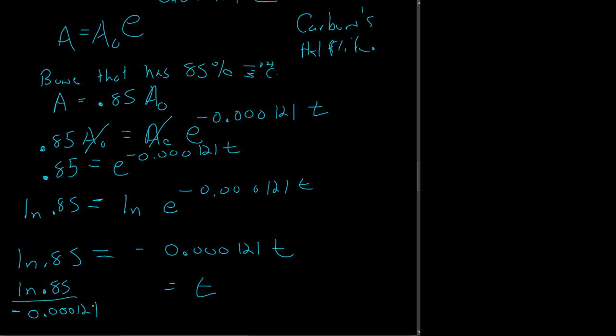My calculator. Too many hands here. So ln of 0.85 divided by negative 0.000121. And I get that this is roughly 1,343 years.